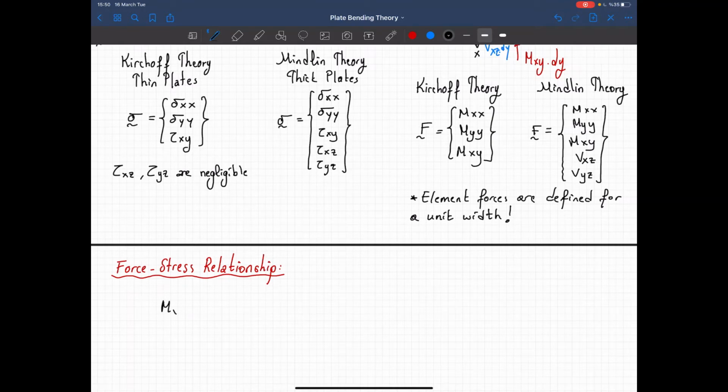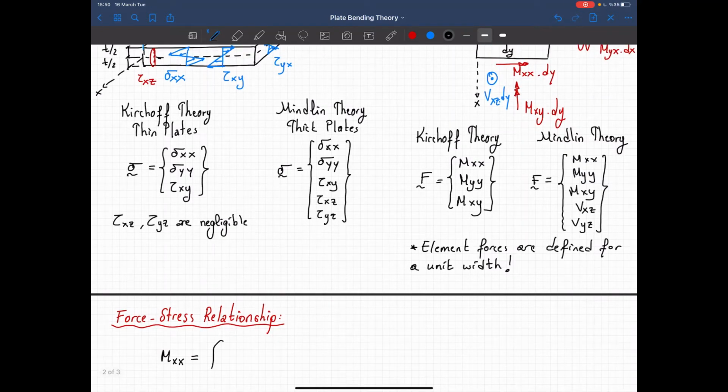Moment xx will be equal to, so I'm integrating from minus t over 2 to plus t over 2. And the moment of each stress is stress multiplied by the moment arm. Sigma xx multiplied by z integrated over the depth of the member will give me the mxx.